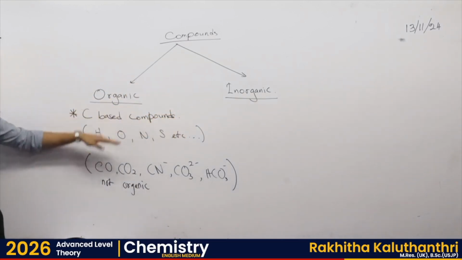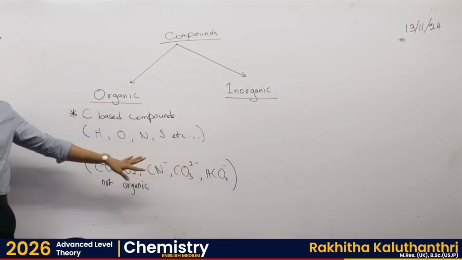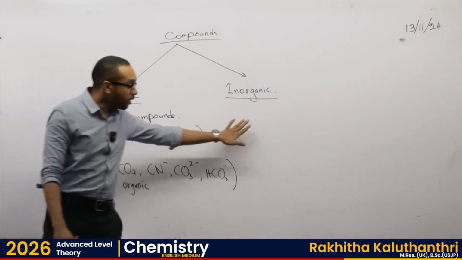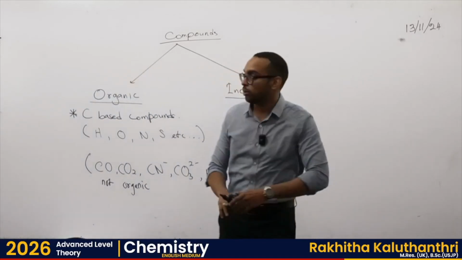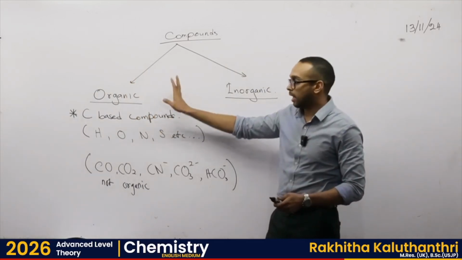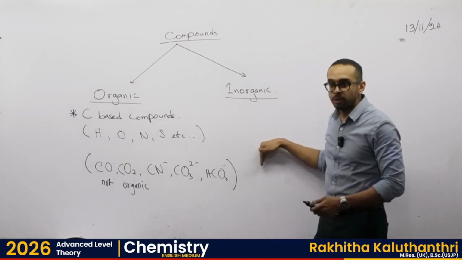So I told you carbon based, but although we have carbons here, we don't necessarily consider these to be organic substances. They are named under inorganic. Okay, so although we say carbon based compounds are organic and they have a separate naming system, these ones are exceptions. We take it to inorganic.